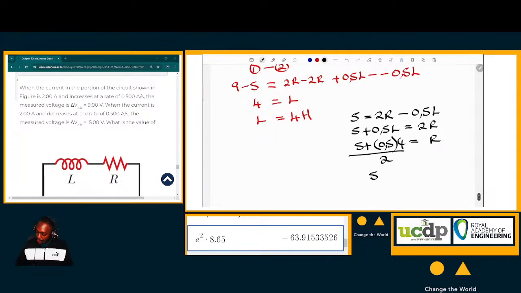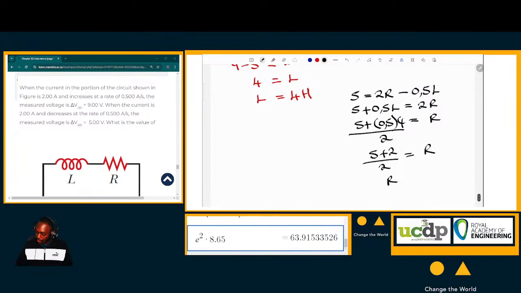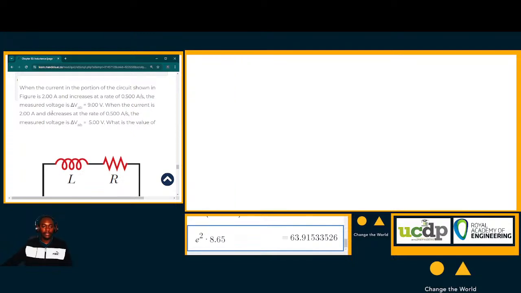So that becomes (5 plus 2) over 2, which equals R, and that means R is equal to 3.5 ohms. So your resistance is 3.5 ohms. We can check this.